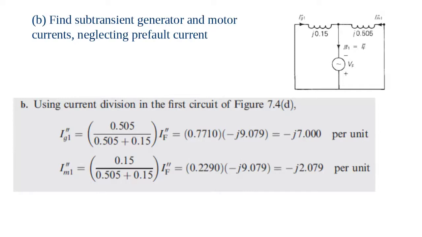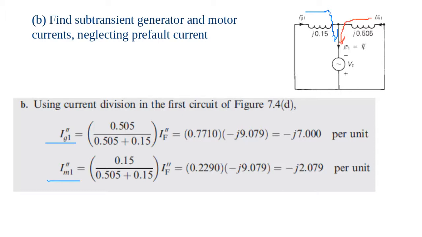Then we want to find the current from the generator and the current from the load. The current from the generator flows like this, coming here. The current from the load is the current flowing from the motor to the load here.